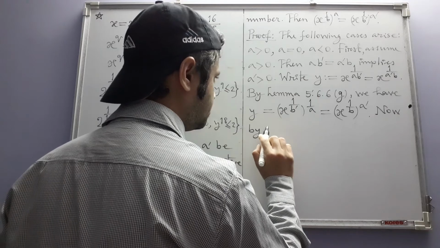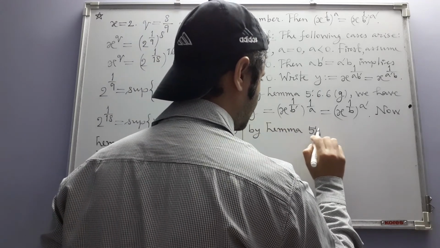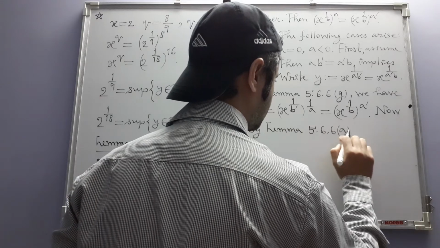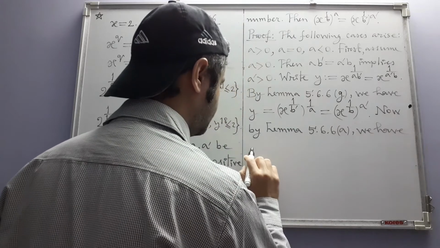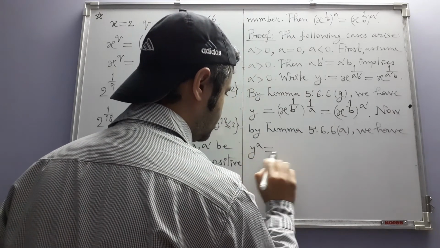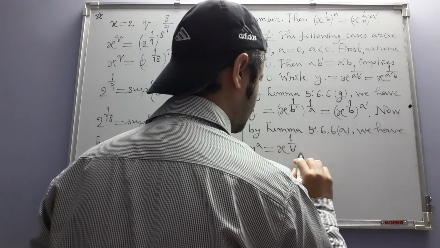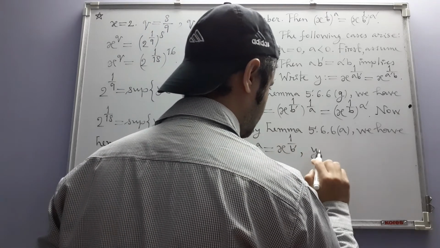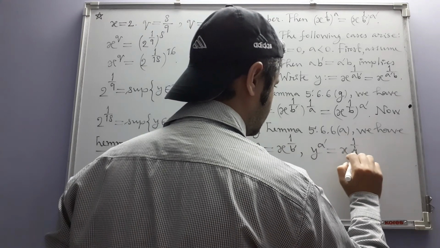Now by lemma 566A, we have y to the power a equal to x to the power 1 by b prime, and y to the power a prime is equal to x to the power 1 by b.